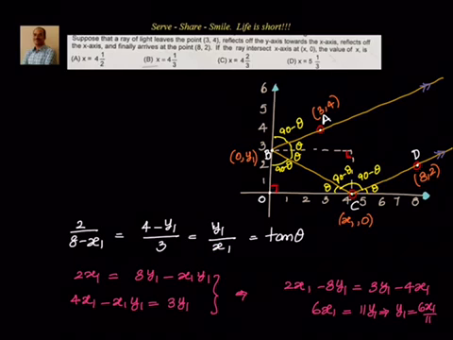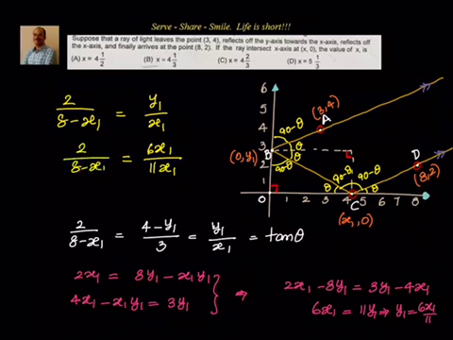So we'll write down 2 divided by 8 minus x1 is equal to y1 divided by x1. But we know y1 equal to 6x1 divided by 11. We just found it. So we can write down that 2 by 8 minus x1 is equal to 6x1 by 11x1. x1 cancels.